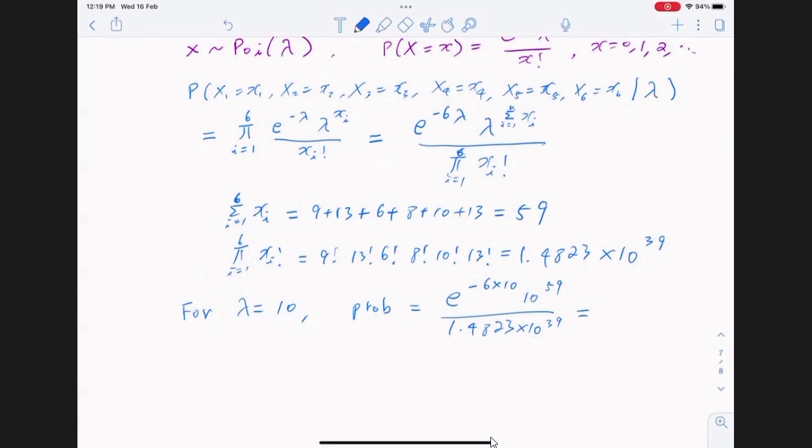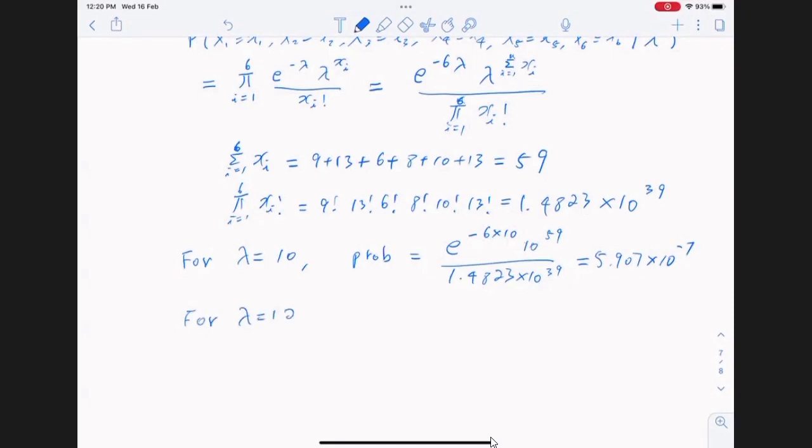I don't have the calculator at hand here, so I already got the answer. So it is a very small number. It is expected because for a joint probability, we are multiplying a lot of small numbers together. Of course, it will be very small. And if you have a larger sample size, you expect that this number will be even smaller.